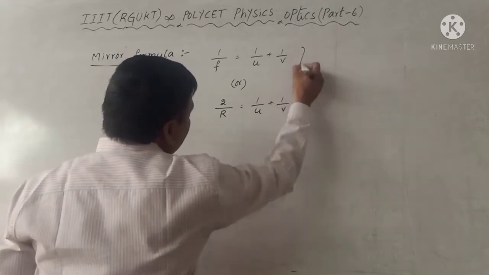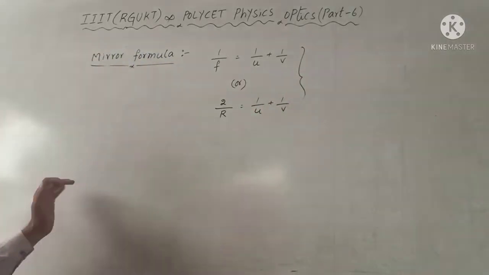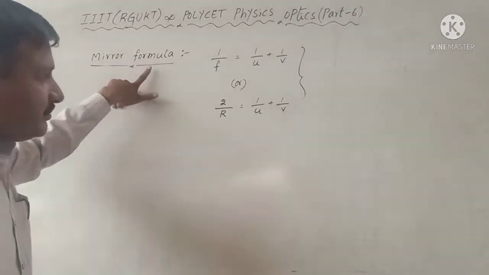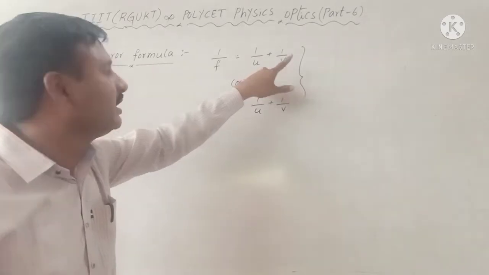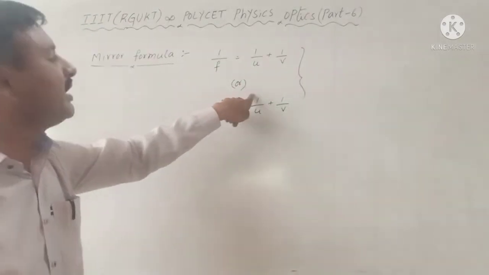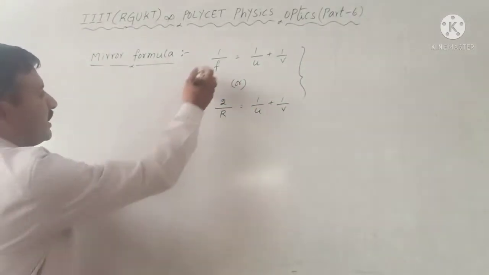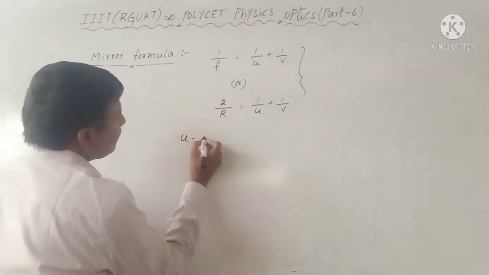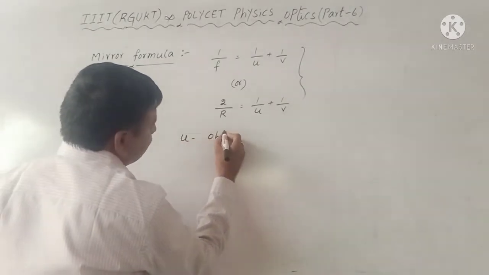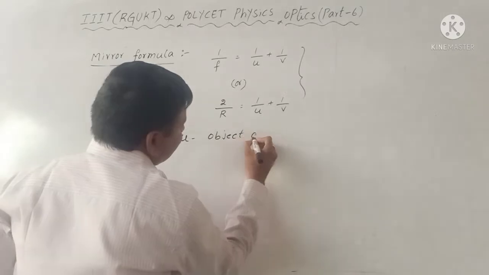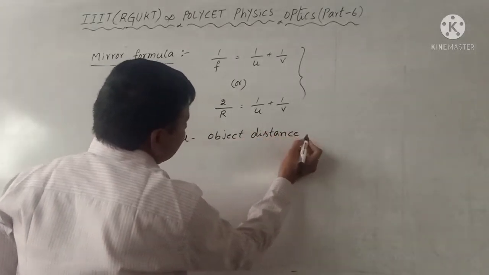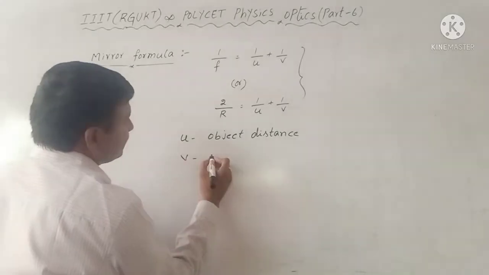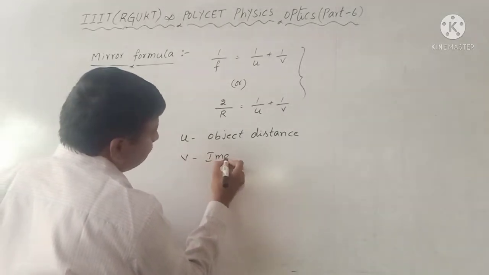It is the mirror formula. You know that here u is the object distance and v is the image distance.